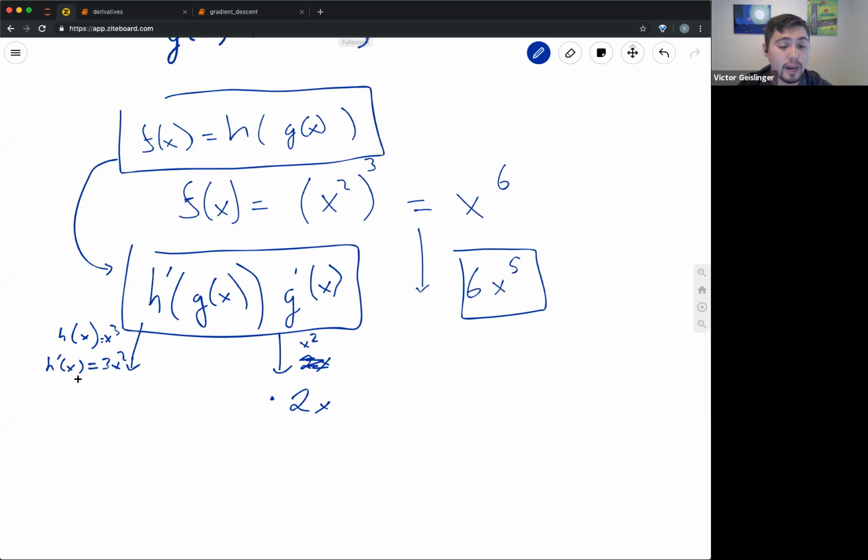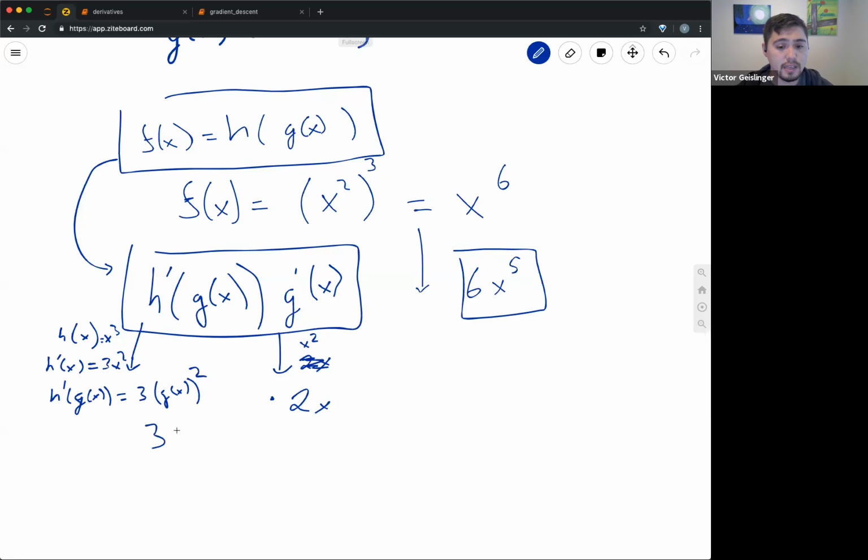Okay, whatever we put into h, we would get this out. So whatever we put into h prime, the derivative of h, we get 3 times whatever you put in, squared. So this simplifies to h prime of g of x: you're going to do 3 times g of x squared, right? And what was g of x? Well, g of x was just x squared.